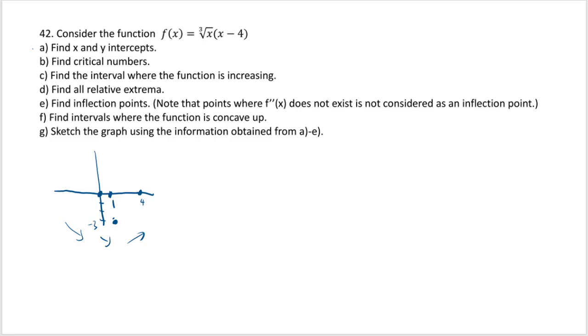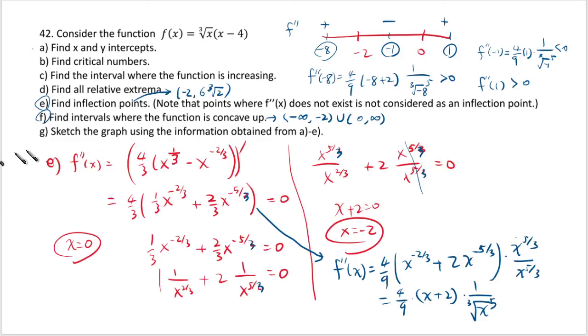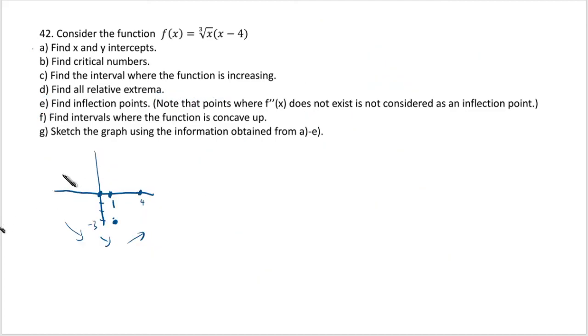Then we also know that the point negative 2 comma 6 times cube root of 2, way up there, is another point that the graph has to pass through, and it has to have concavity like this.